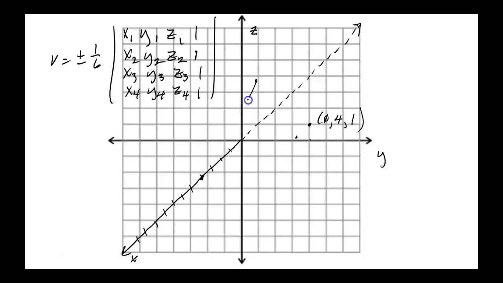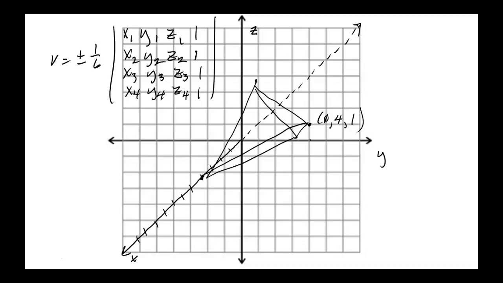So there's your tetrahedron. There's a line between those two, there's your base. It's a hidden line. I drew it in as if it's visible, but it's hidden.